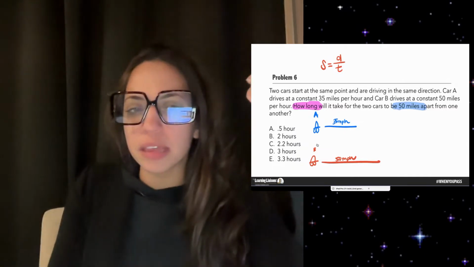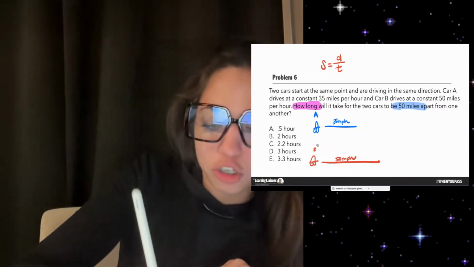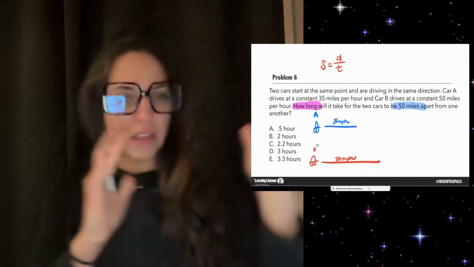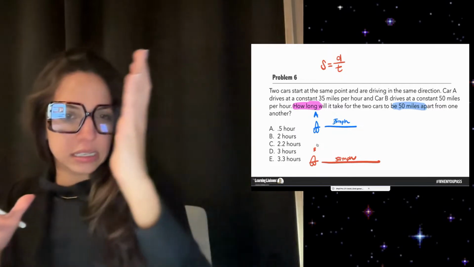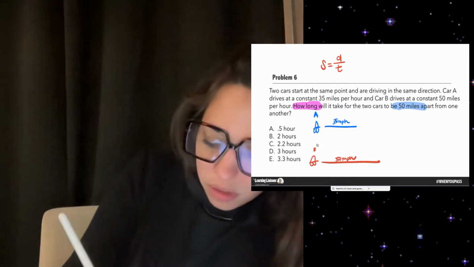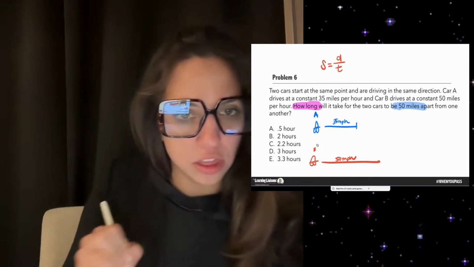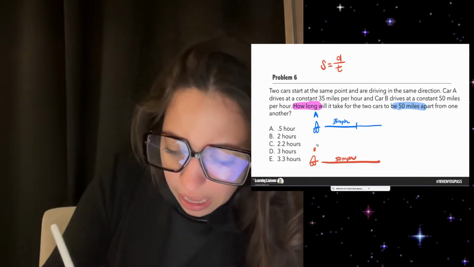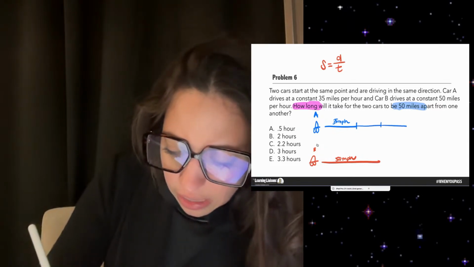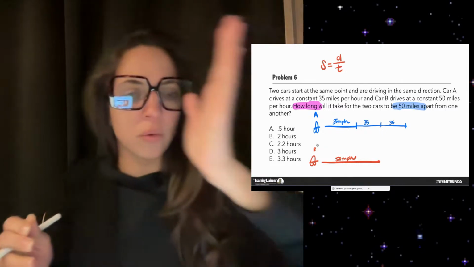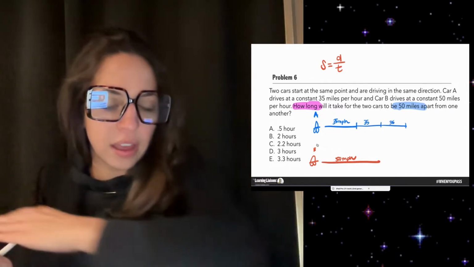If that is something that confuses you, I want you to approach the problem a little differently. So if they're going at a constant speed, then car A after 1 hour is at 35 miles. And then 35. And then 35. Each hour, that car is going 35, 35, 35.